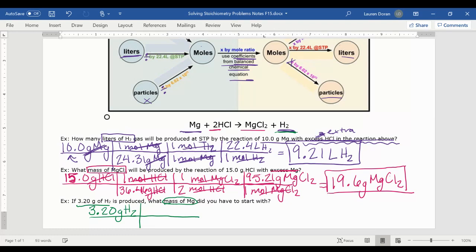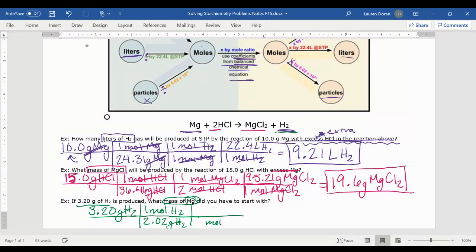Step 1, given to moles. So I need to divide by the molar mass of H2. 2.02 comes from the periodic table, is how many grams are in 1 mole of H2. Grams of H2 are now canceled. Now I'm going to use the mole-to-mole ratio going from H2 to the desired substance of Mg.